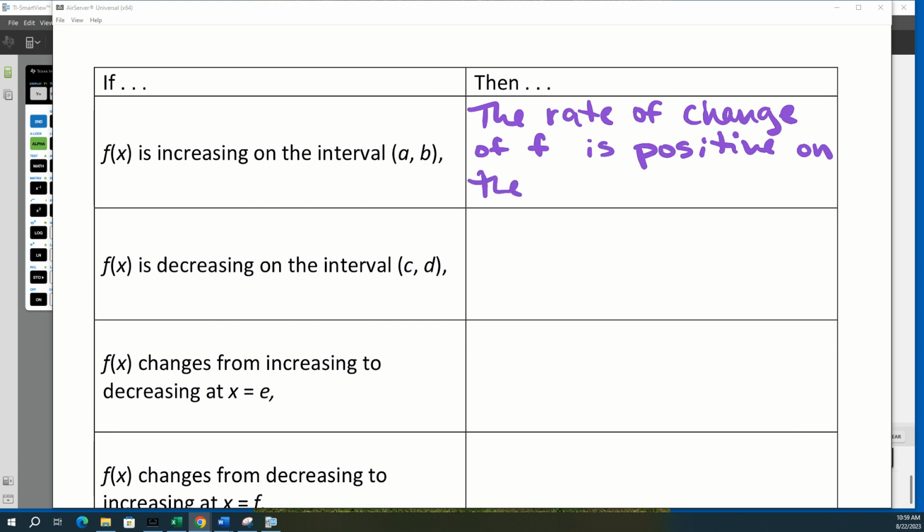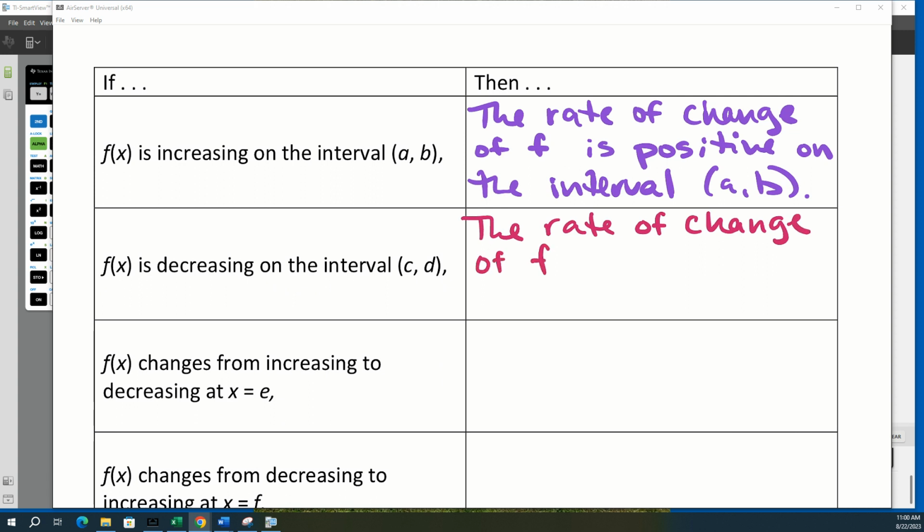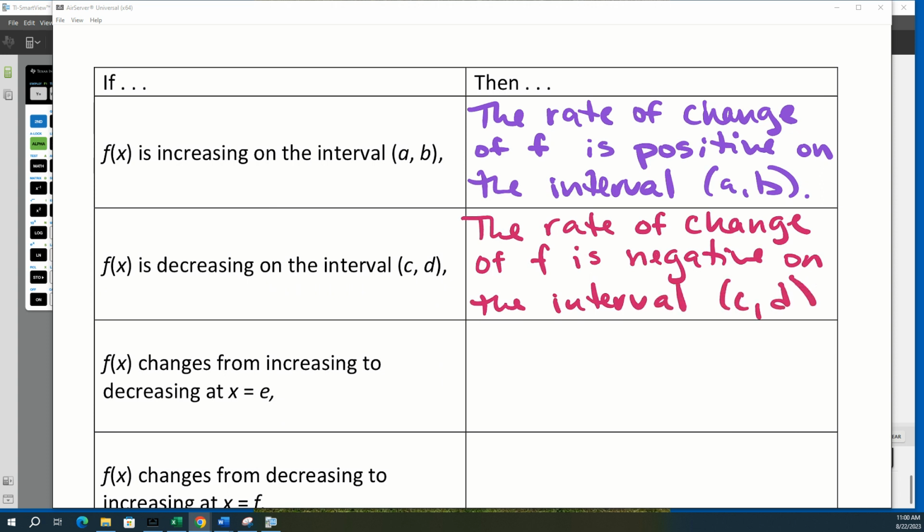On that same interval, the interval from a to b. Right? If f is decreasing on an interval from c to d, we're going to say the rate of change of f is negative, or the slope is negative on the interval from c to d.